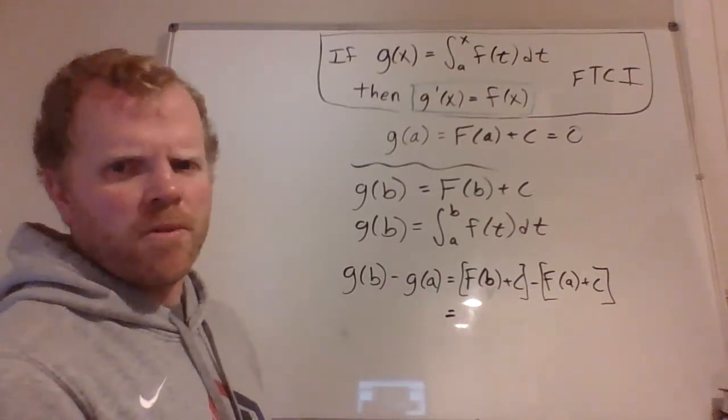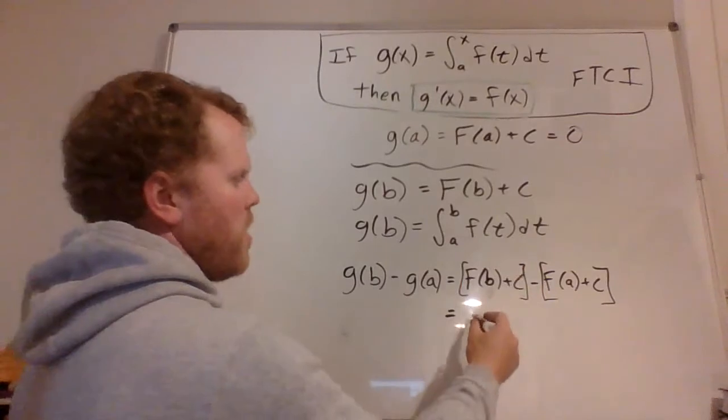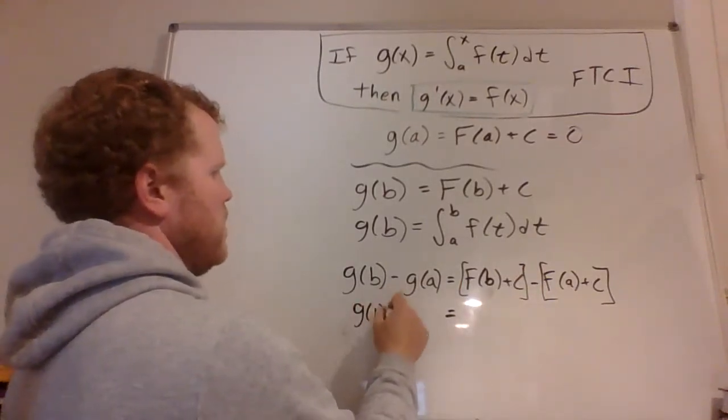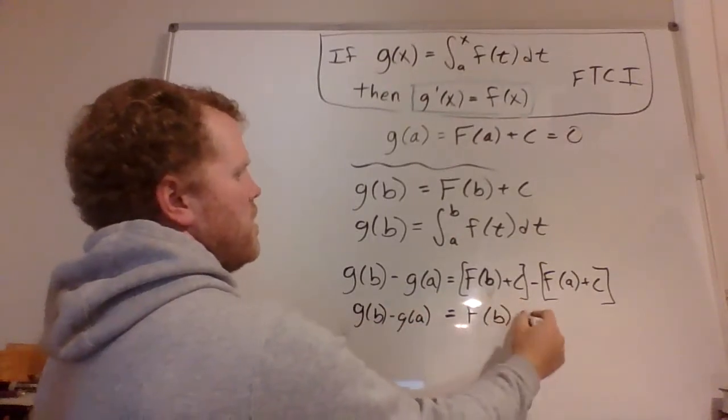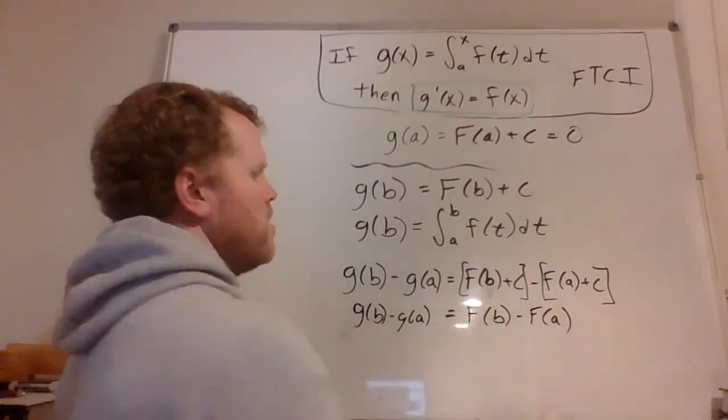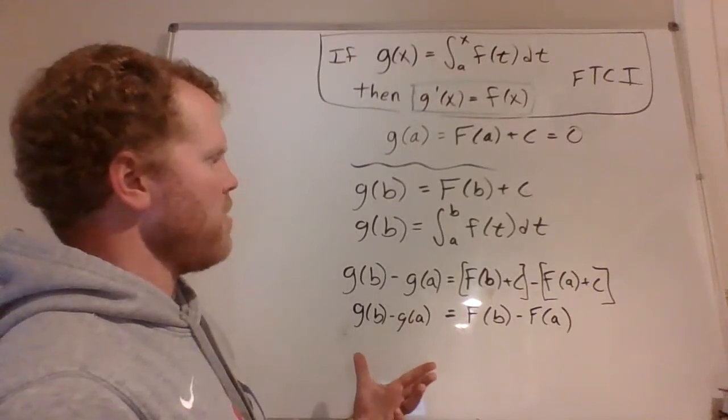If you simplify these things, the c should cancel out. Those quantities are important. So g of b minus g of a is equal to F of b minus F of a.